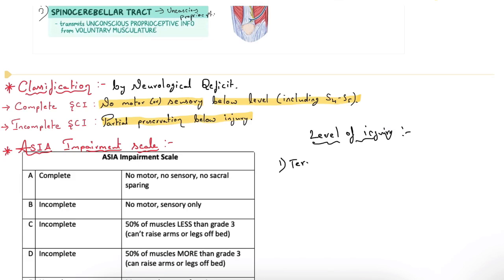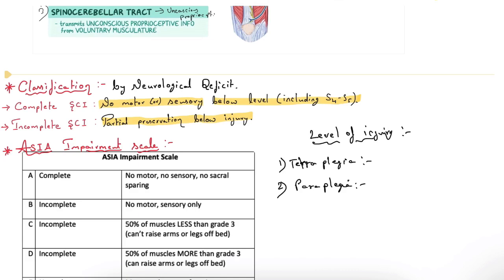First one, tetraplegia, and another one, paraplegia. Paraplegia means like hemiplegia, one side of the body will be paralysed. Okay, tetraplegia means total paralysis.